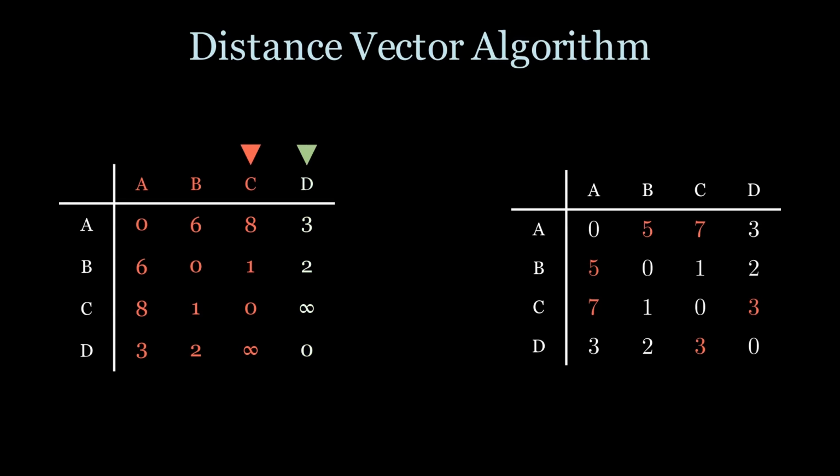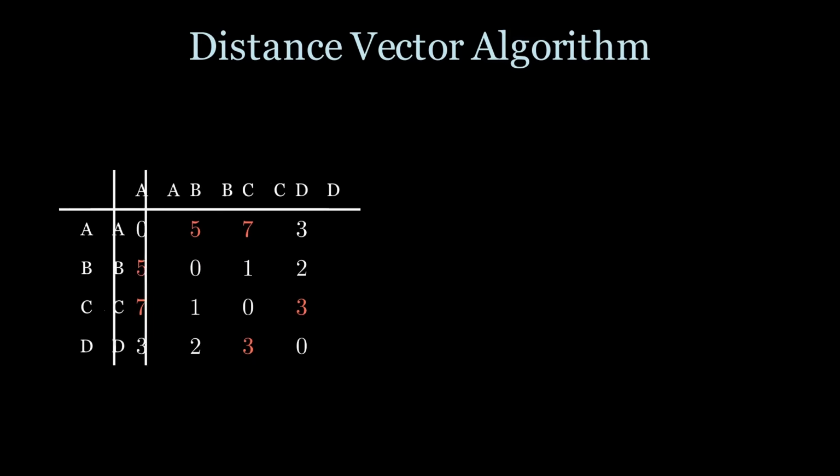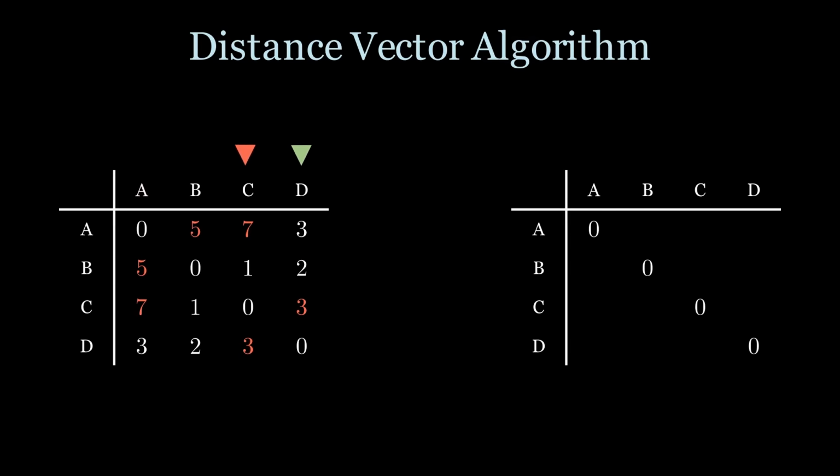Now our goal is to find a table which has no changes from the previous round. Until then, we follow the same method we've done until now to find the smallest sum. I'm going to let this algorithm continue until it finds the smallest cost between the nodes.